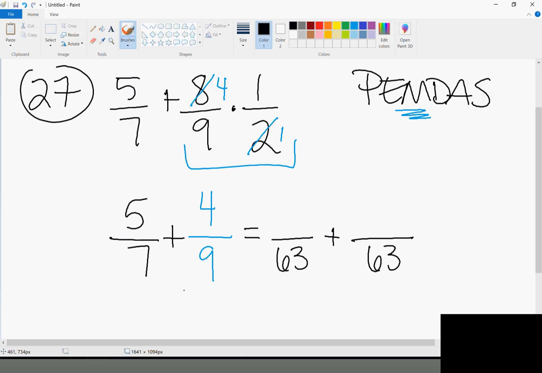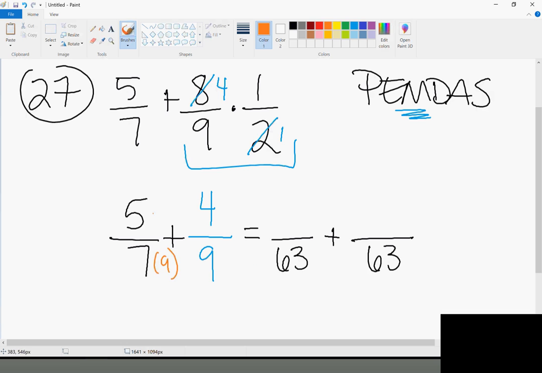And yes, sometimes a shortcut can be to just multiply the denominators to get a common multiple. It may not be your least common multiple, but it will be a common multiple to help you get to your final answer. So you may have to simplify at the end, but multiplying the denominators can get you a common denominator.